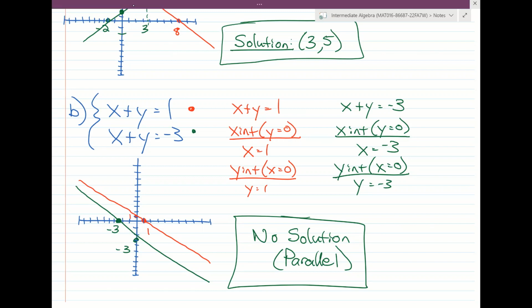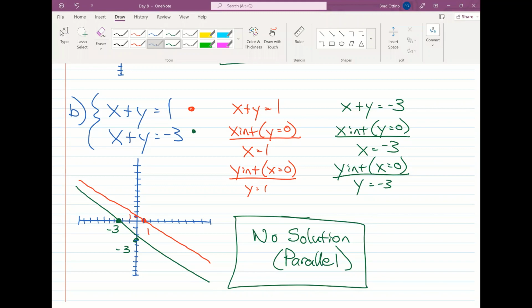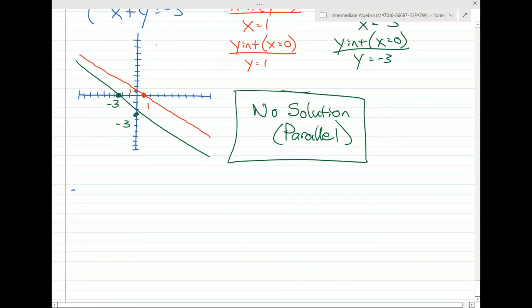We want to try to show you one more of these here before we do the last type.